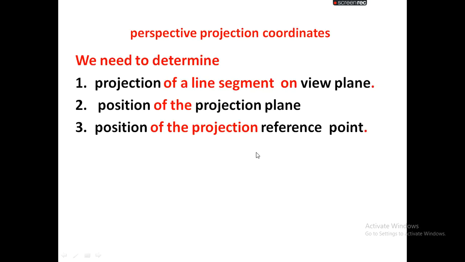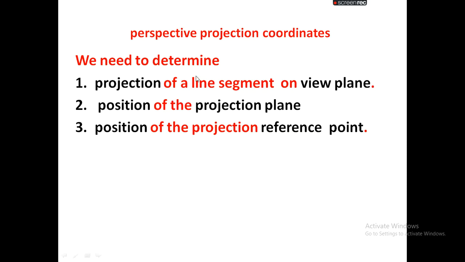You can place the projection plane in three different places, as we already discussed in the previous video lecture: in the positive z axis place, parallel to our xy plane, or in the place of negative z axis. So we need to determine that position also.